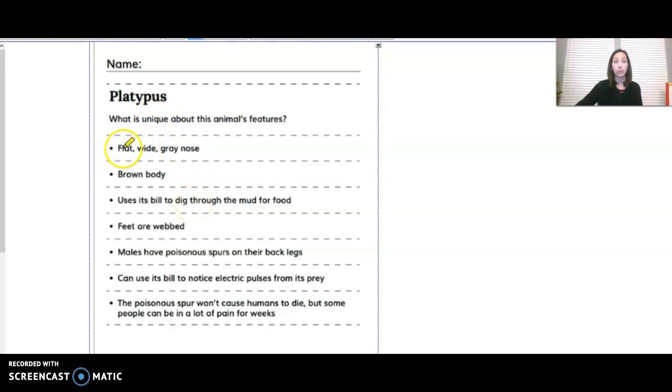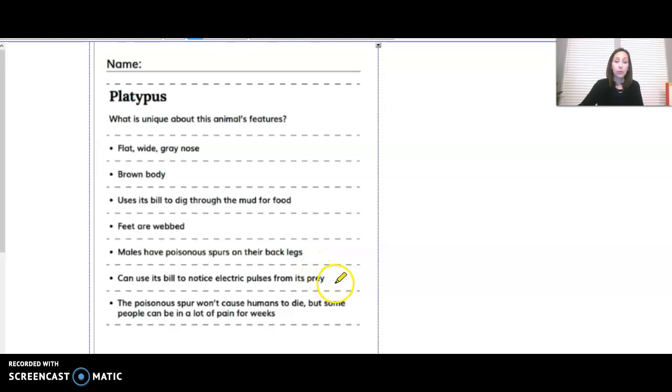Okay, so the platypus: fat, wide gray nose, that tells about the body. The brown body, that's a detail about the body. Uses its bill to dig through the mud for food, that's a detail about the bill. Feet are webbed, that's a body detail. Males have poisonous spurs on their back legs, that's a body detail.